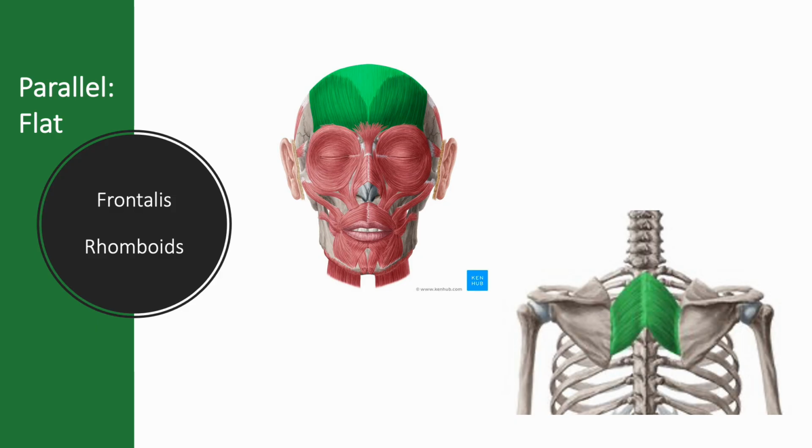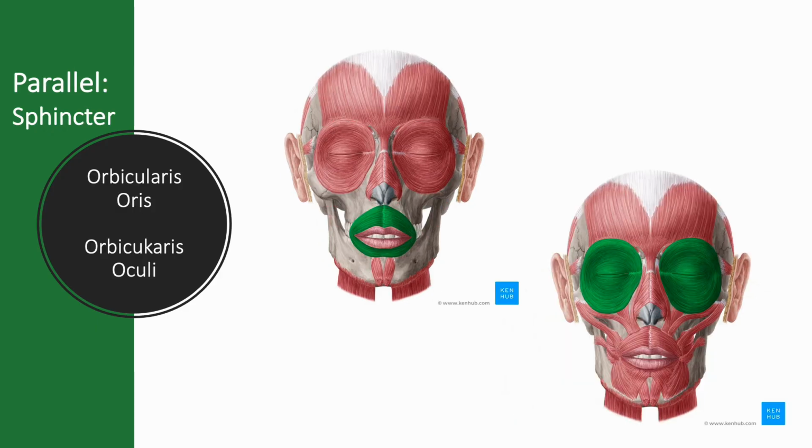So with the frontalis, this is a perfect example because it's a thin sheet that lacks a bony attachment at one end. The rhomboids, while often classified by their geometric shape, function as a flat muscle that pins the scapula to the rib cage, acting like a broad stabilizing plate.